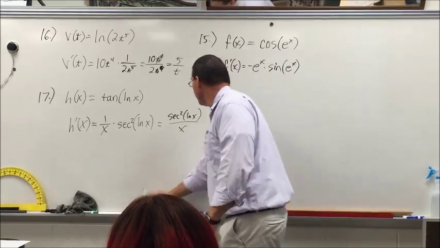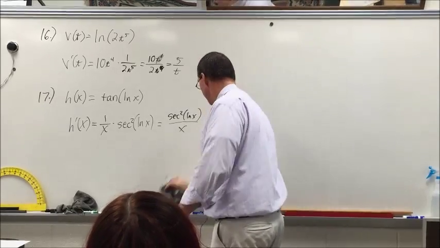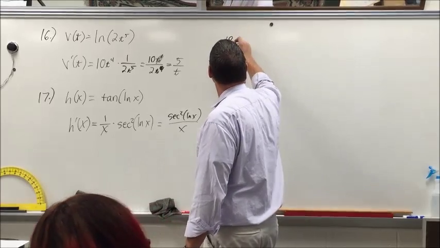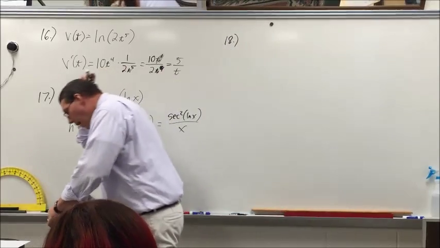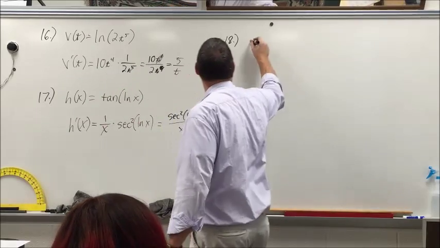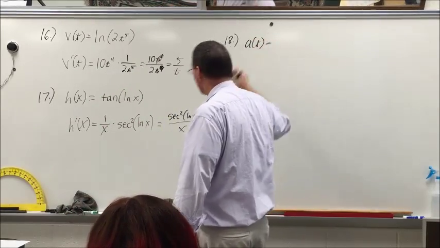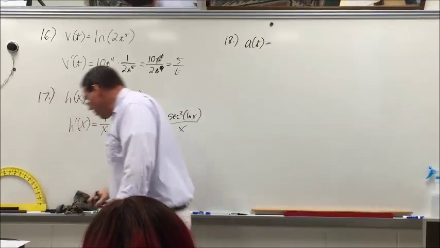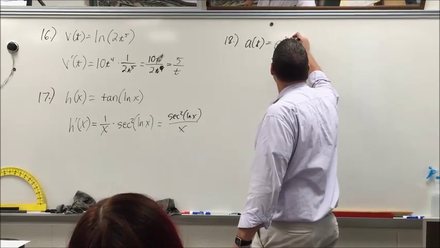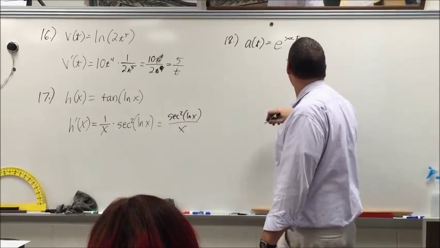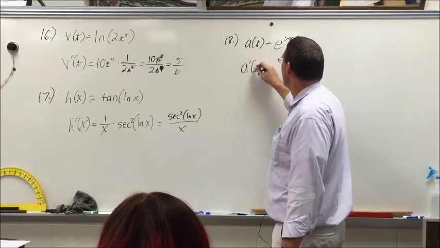Lastly, number 18, on the front. We've got a of t is equal to e to the secant of t. So a prime is going to be, give it to me.